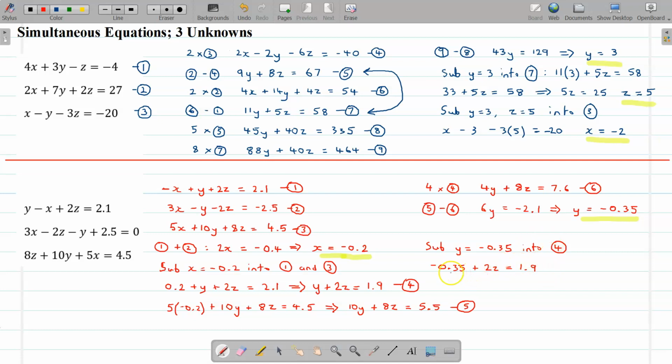Okay, if I add 0.35 to both sides, that gives me that 2z equals 2.25, and therefore z equals half of that, which is, that's 2 1/4, so it's 1 1/8, or 1.125.